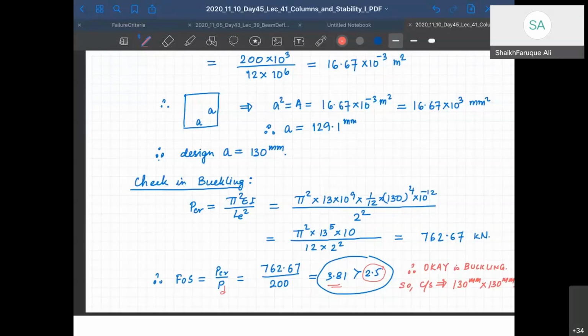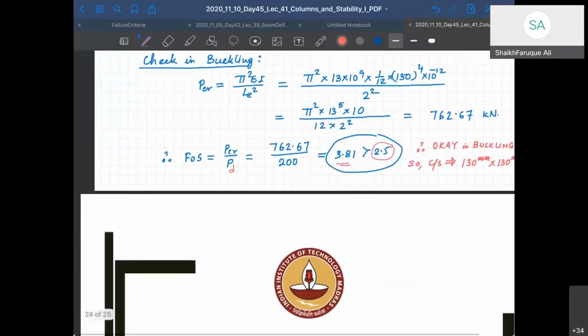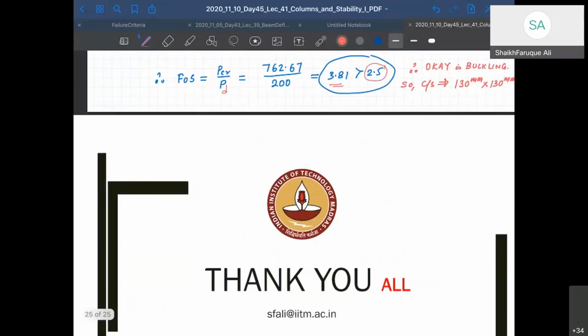Okay, so what is PCR and PD? Now PCR is the max load that the column can carry, right?